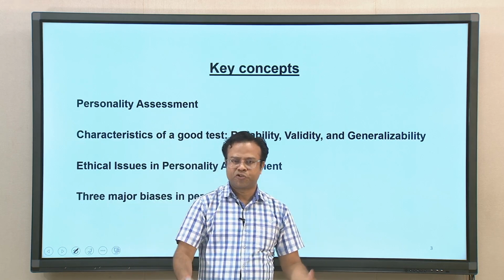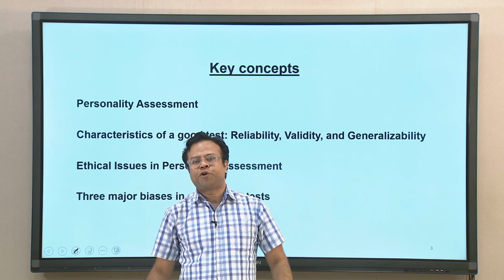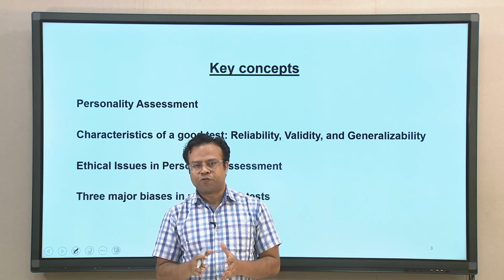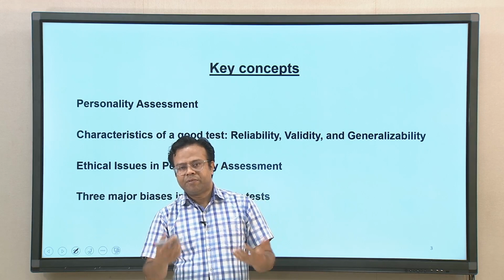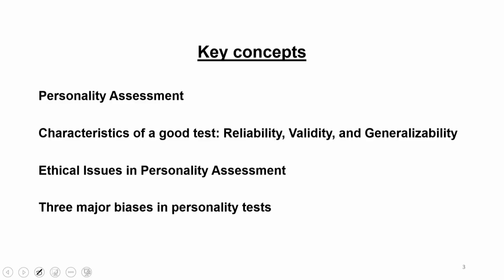We will give an introduction to personality assessment, and we will mostly be talking about the characteristics of a good personality test. In that context, we will talk about the reliability, validity and generalizability of a test. We will also talk about major biases which are possible in personality tests and ethical issues that are significant in the field of personality testing.